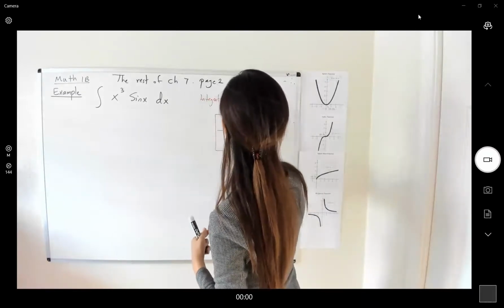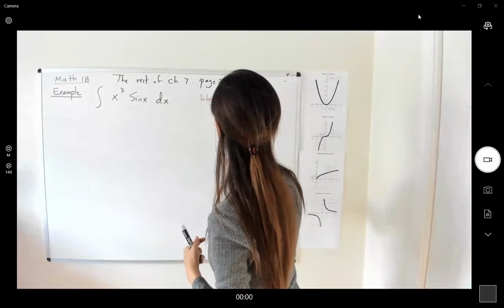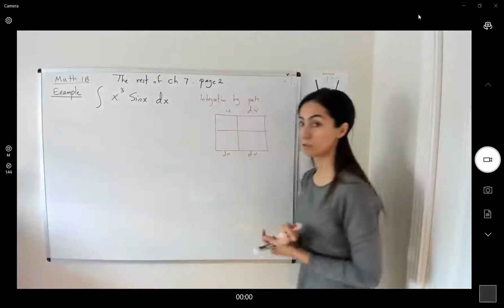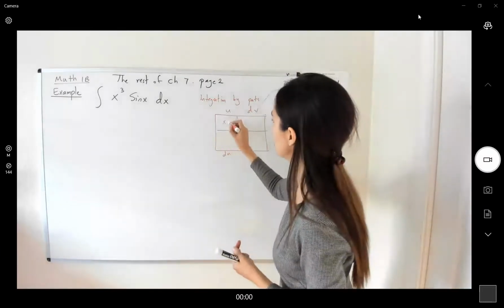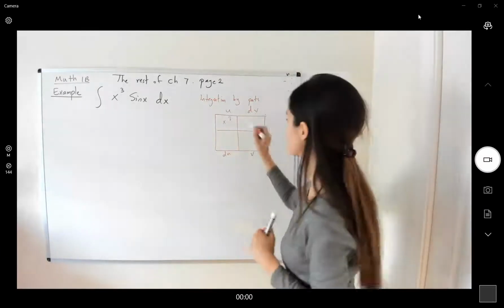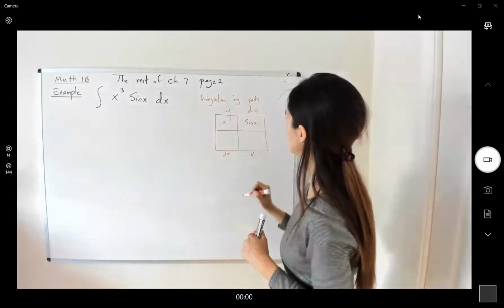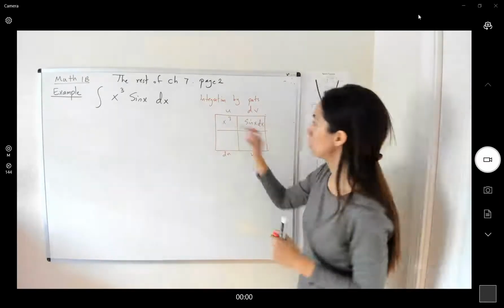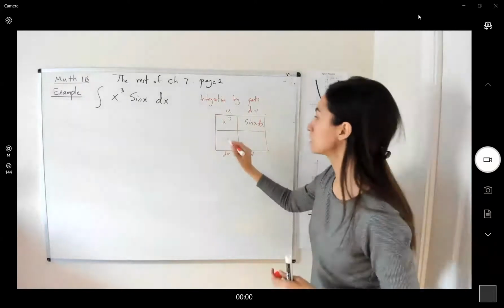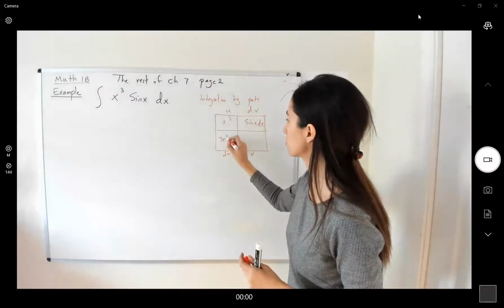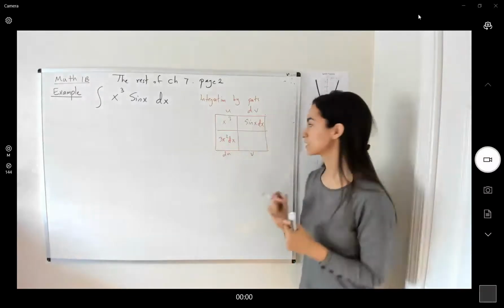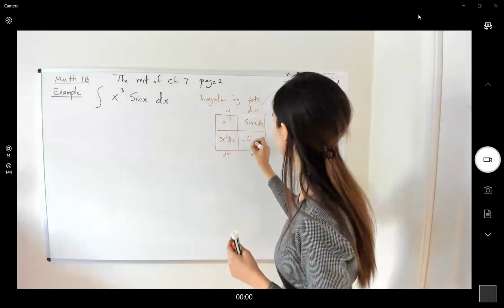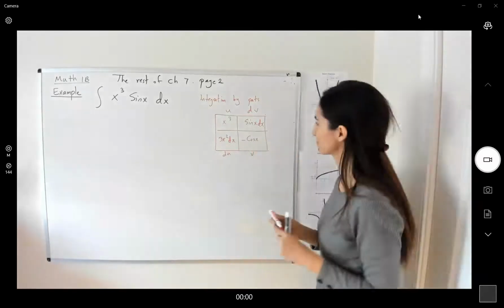u, dv, du, and v. So u is x cubed, dv is sine x dx. So du, the derivative of x cubed, is 3x squared dx, and v, the integral of sine, is minus cosine x.